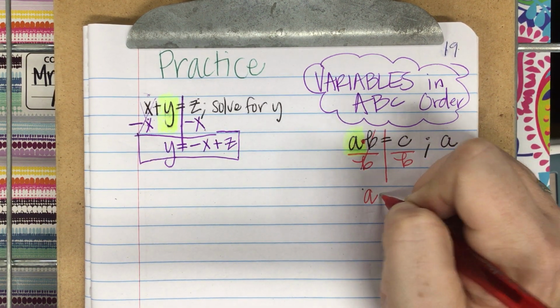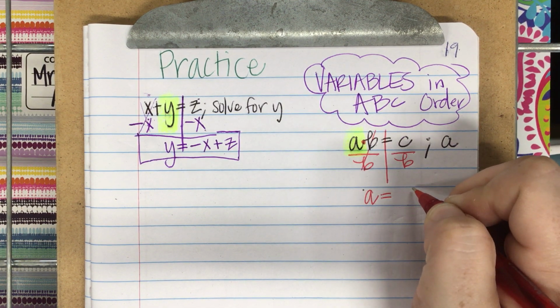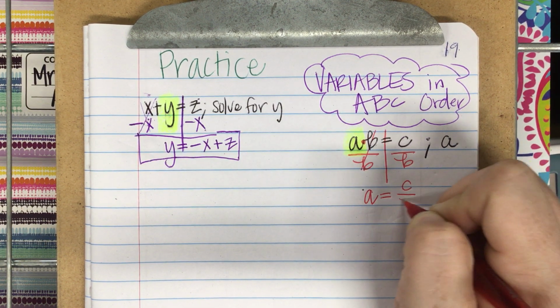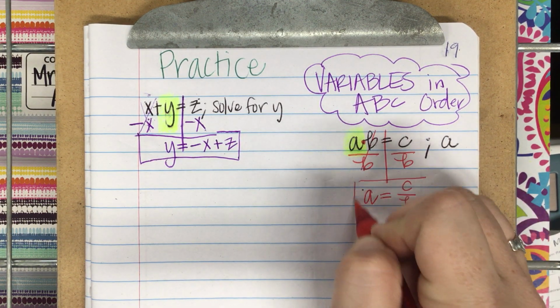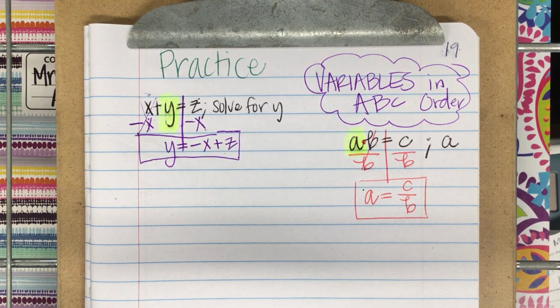And you're left with A equals, and I have to leave it, C divided by B. You cannot rewrite division problems, correct? There is no commutative property of division. The order of division matters, so we have to keep it C divided by B. All right, so those are one-steppers.